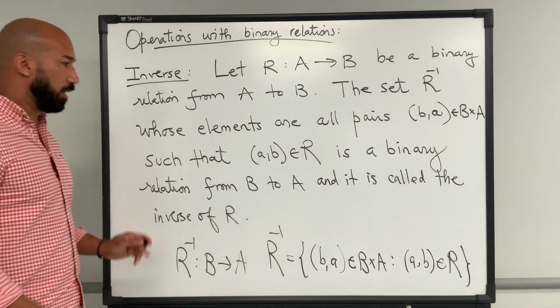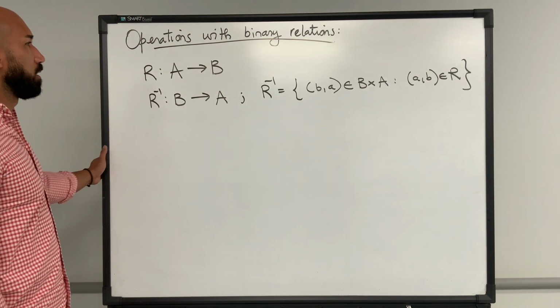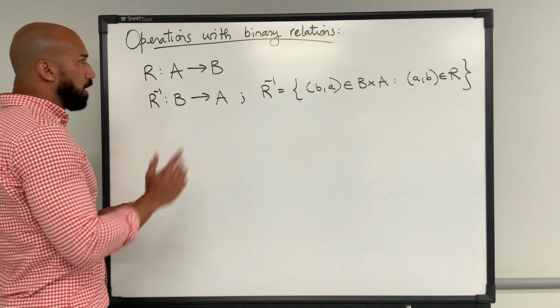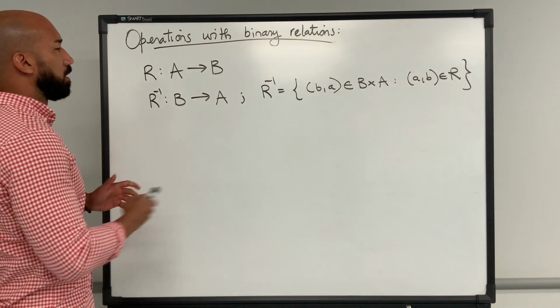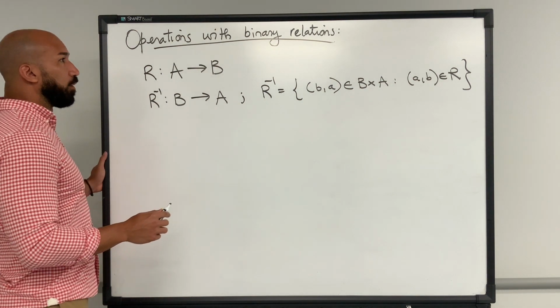All right, let's see an example. We have this, that is the definition of the inverse. Let's compute the inverse of the last binary relation, the last example that we considered before.